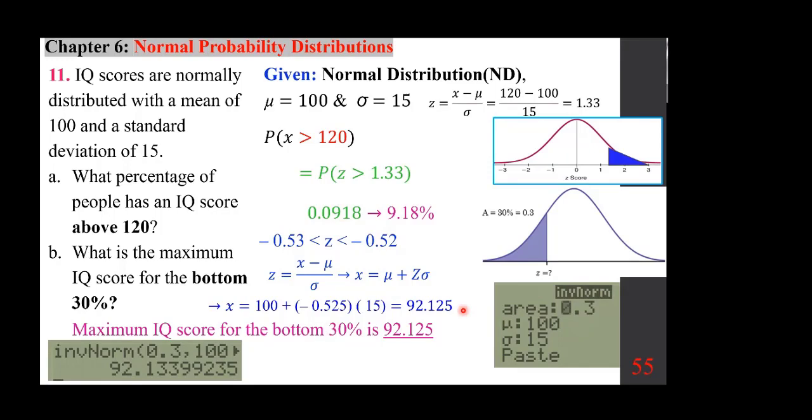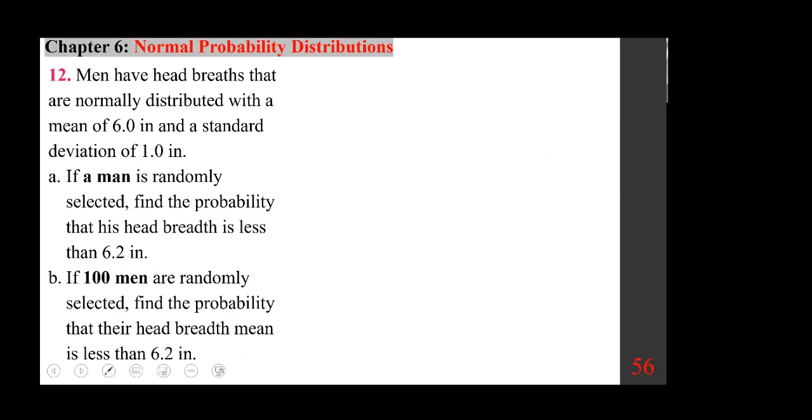Justification is extremely important. In this case, we are dealing with a case which is normally distributed with a mean of 6.0 and a standard deviation of 1.0. Before we move on, we can just write the given first and foremost.